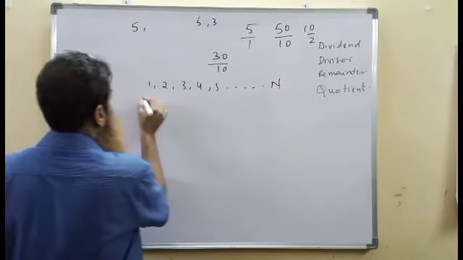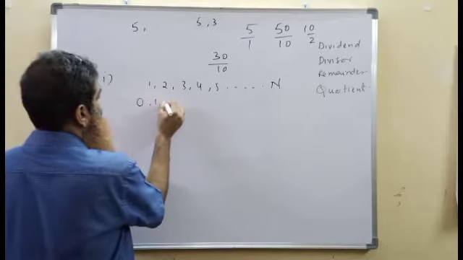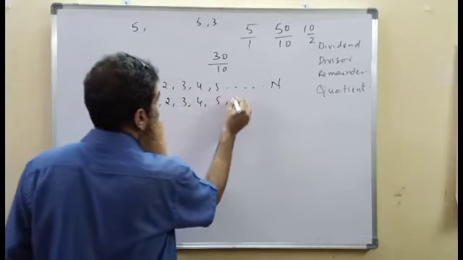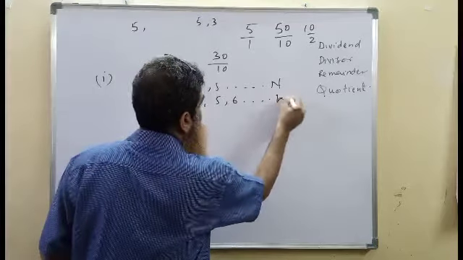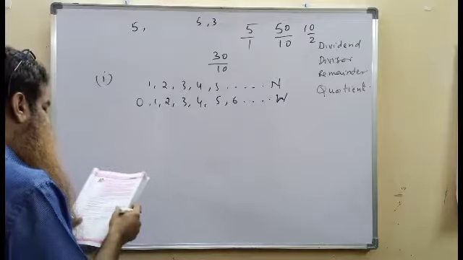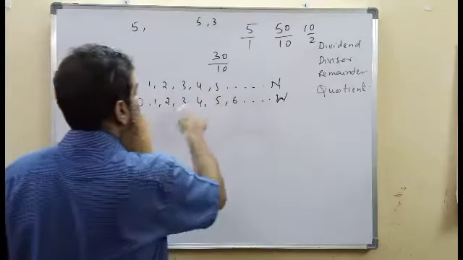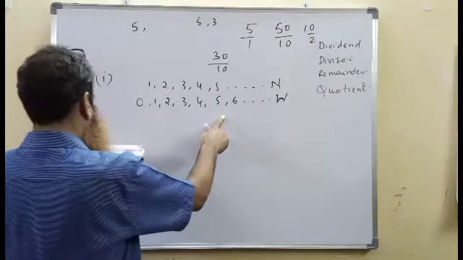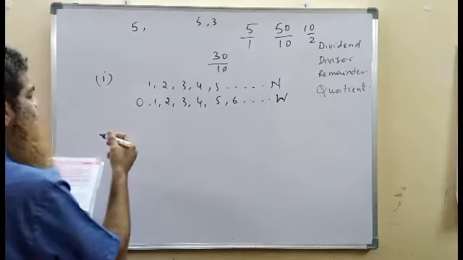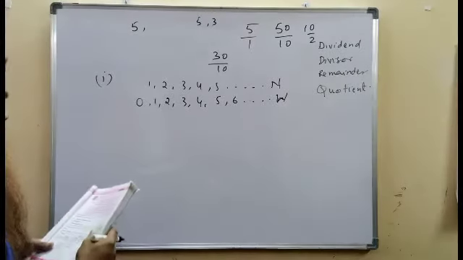The list of whole numbers begins with 0. So all natural numbers are whole numbers. But all whole numbers need not be natural numbers because 0 is not a natural number but it is a whole number.